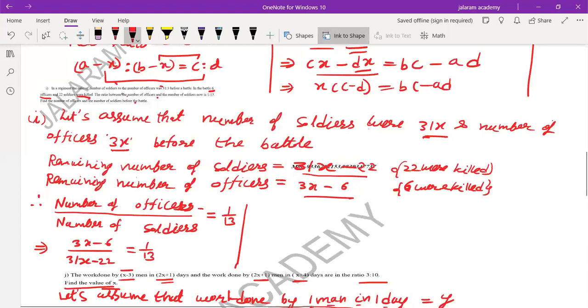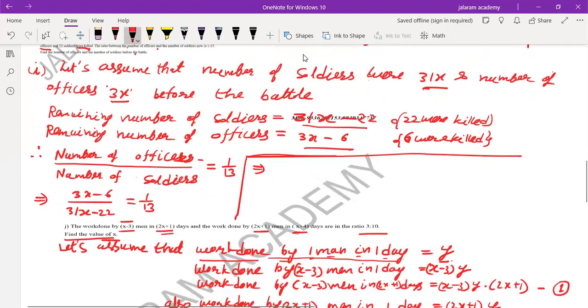Then after cross multiplying, 13 into (3x minus 6) will be there, equals 31x minus 22 into 1.